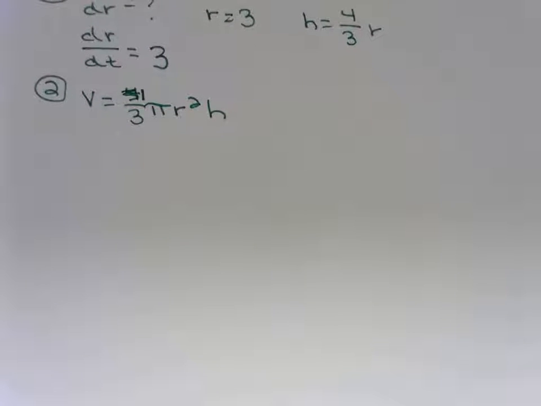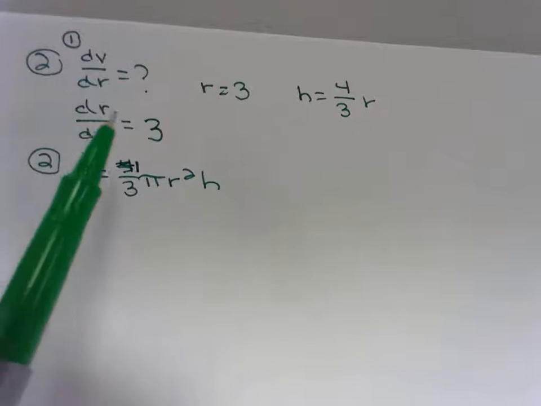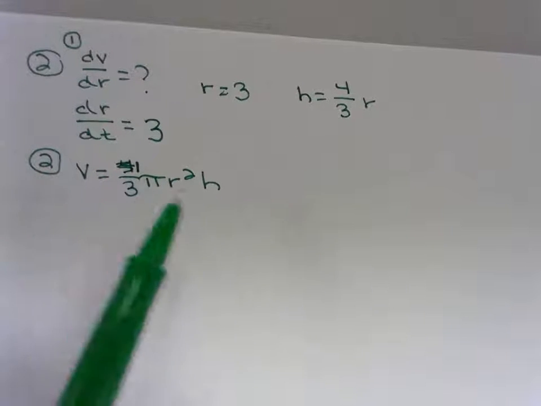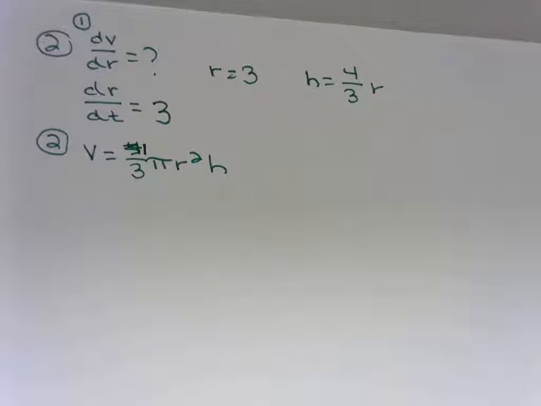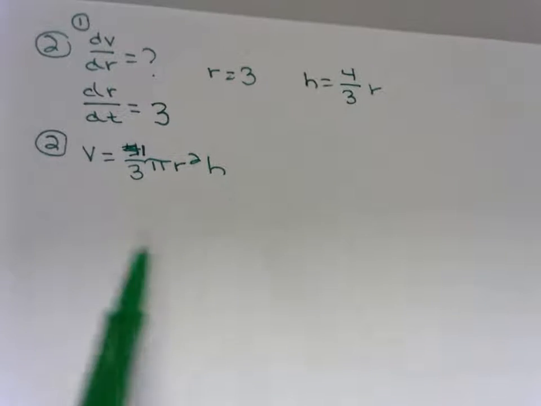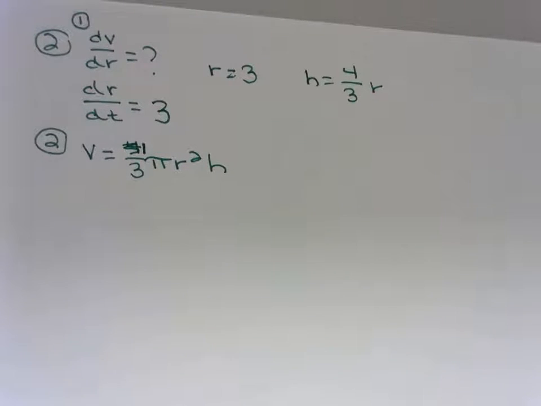I want a formula that just relates the given and the unknown, so the volume and the radius. So what issue do I see here?